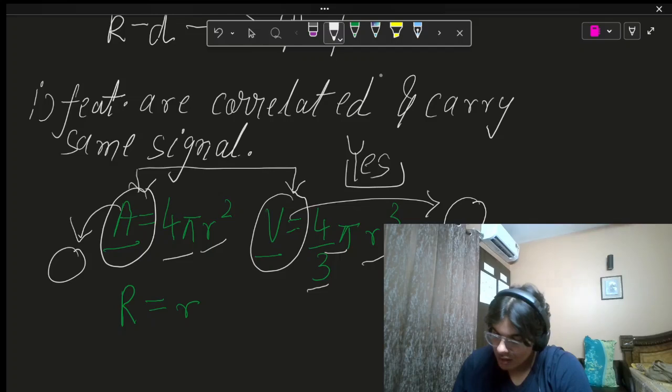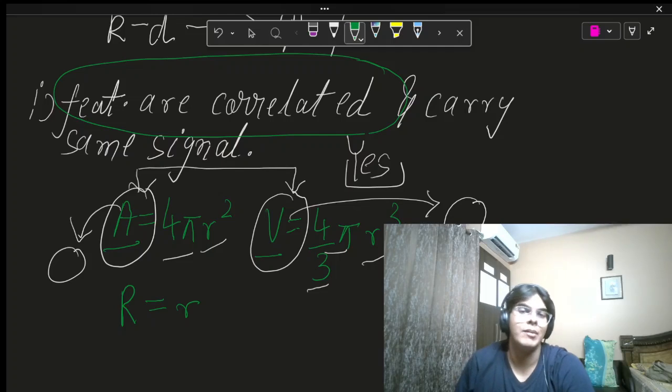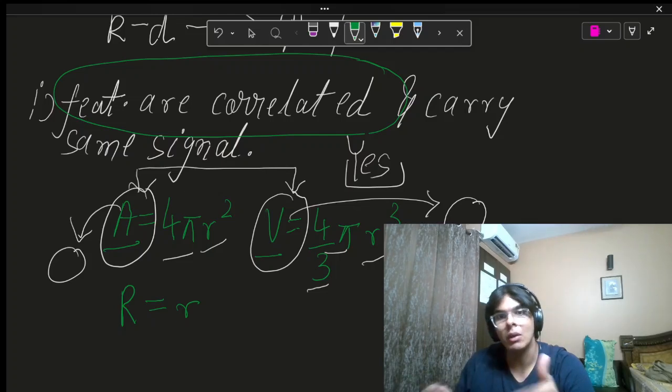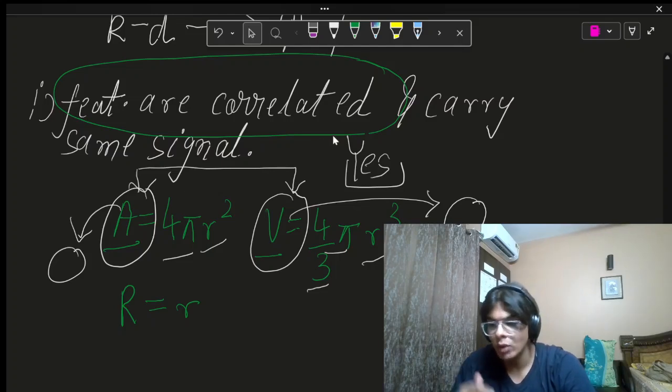Because these features are correlated to each other. Okay, and they are carrying the same signal, meaning that when I train the model, both of them will give us approximately the same values. They will contribute almost equally to the model. No need to keep both of them. Okay, this is the primary reason as to why, whenever we do the dimensionality reduction process, it works.